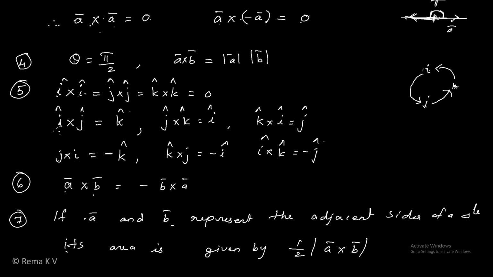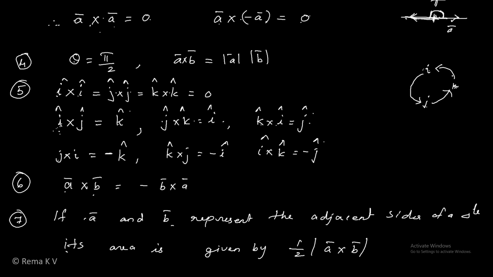Then I cross I, j cross j, k cross k, all these are equal to 0 vector. Then this is to be taken in cyclic order. See, I cross j is equal to k, j cross k is equal to I, k cross I is equal to j. And this is taken in anti-clockwise direction.